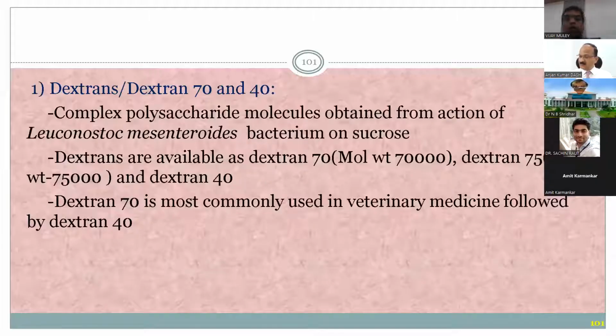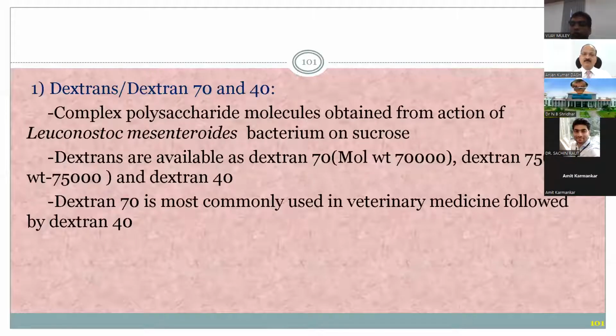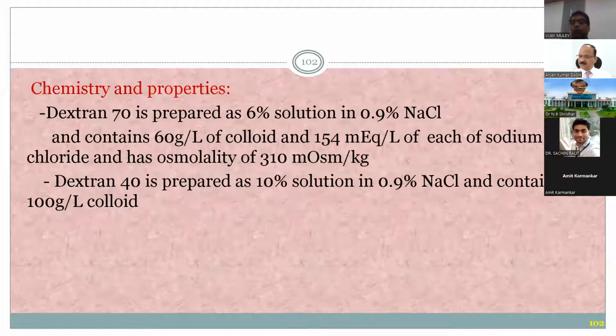These are complex polysaccharide molecules obtained from the action of the bacterium Leuconostoc mesenteroides, and iron dextran is prepared from it. Dextran 70 is most commonly used in veterinary medicine, followed by dextran 40.